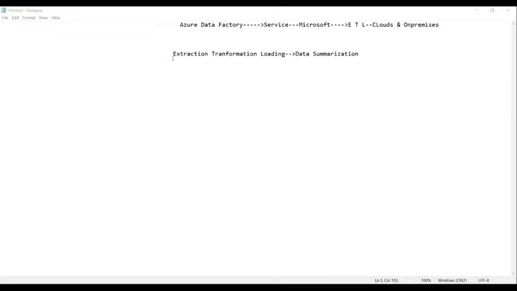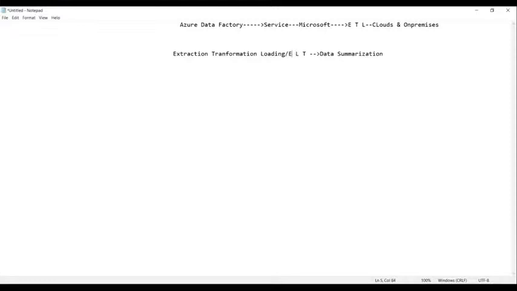Okay. So anyways, ETL stands for extraction, transformation, and loading. This extraction, transformation, and loading is a process where the data is summarized. So we can say it is a technique used for data summarization. And this ETL is a very old technique, guys. Nowadays we are using ELT.